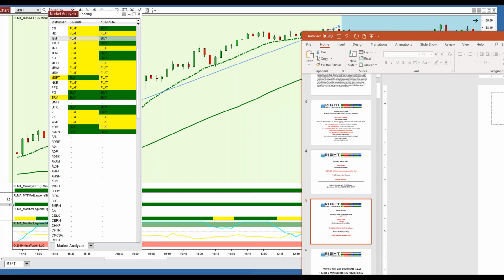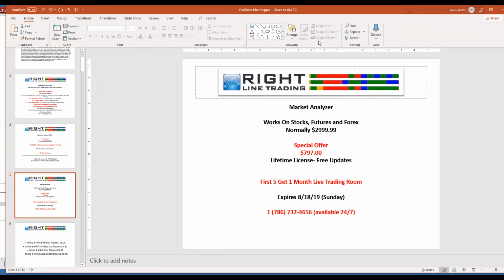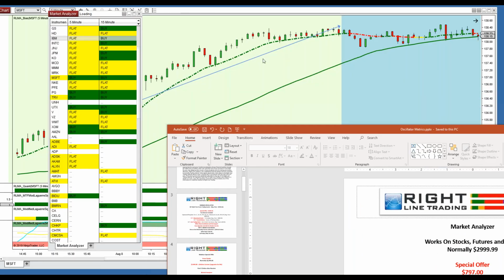Now it's the market analyzer, stocks, futures, and Forex. Now I didn't put in that it comes with all the indicators. Now we've not done that before. We've simply let the market analyzer do its work, because embedded in this market analyzer are these indicators.